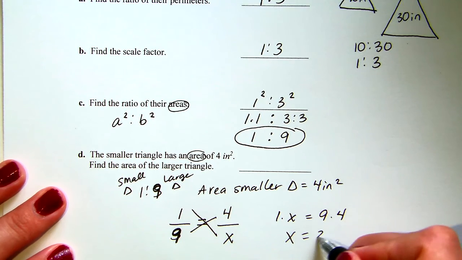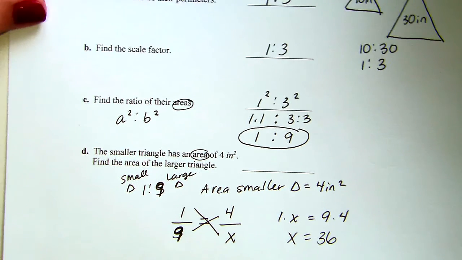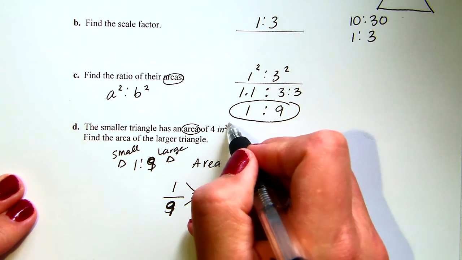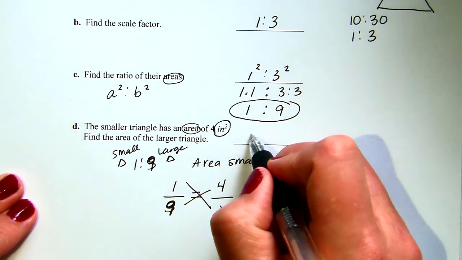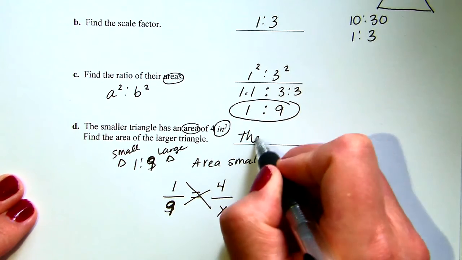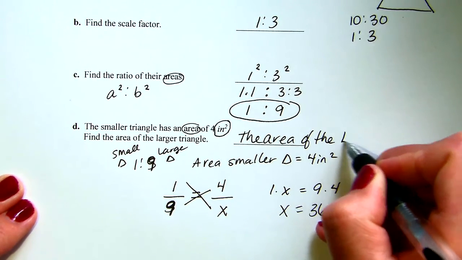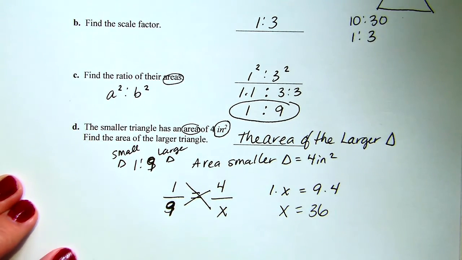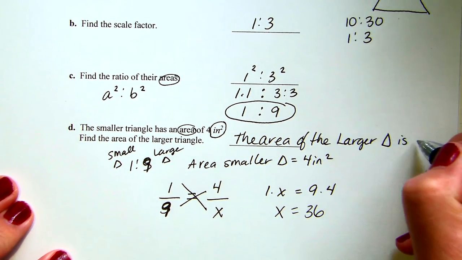Now that something is also going to include an inches squared. So I'm going to write the area of the large triangle. Now I'm going to use a triangle symbol here instead of writing the word triangle. I'm going to write is 36 inches squared. Anytime we talk about area, we always need to make sure that we're including those inches squared.